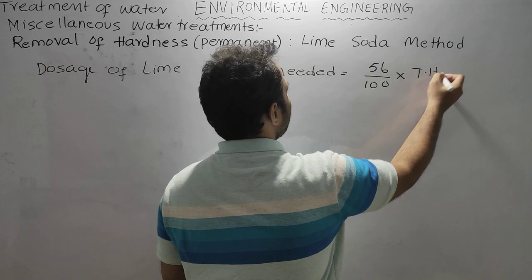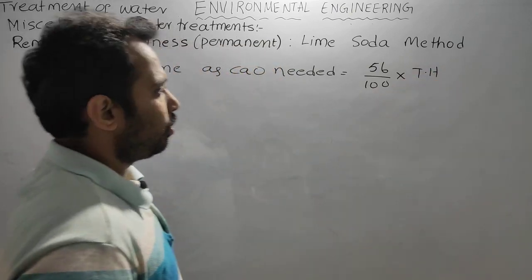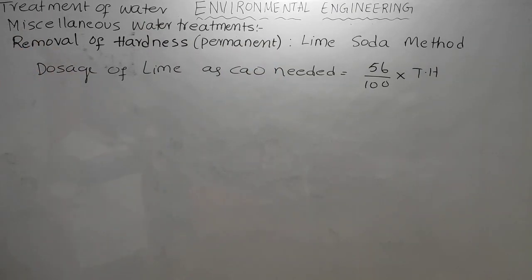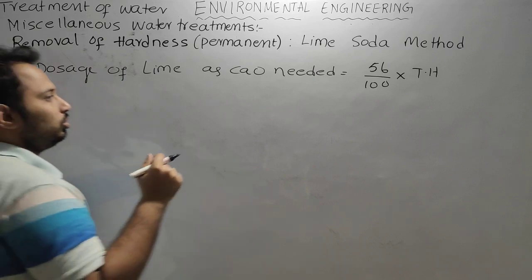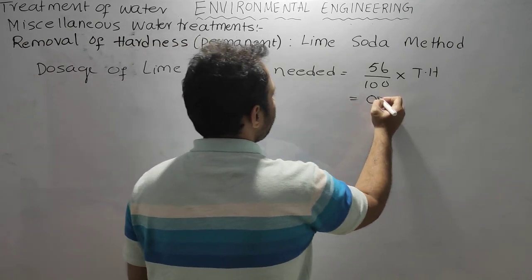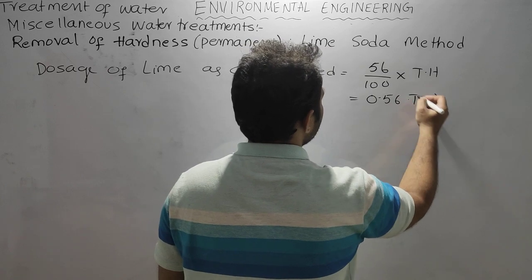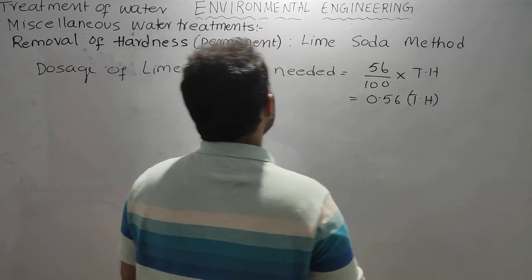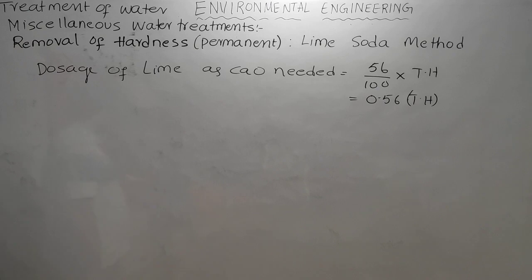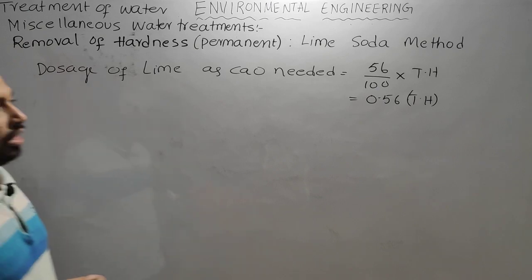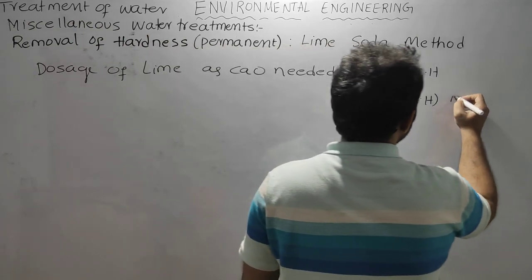So if you know the total hardness, then the lime requirement is equal to 0.56 times the total hardness, where the total hardness is in mg per liter as CaCO3.